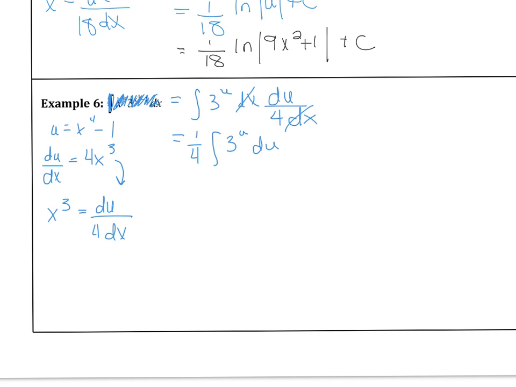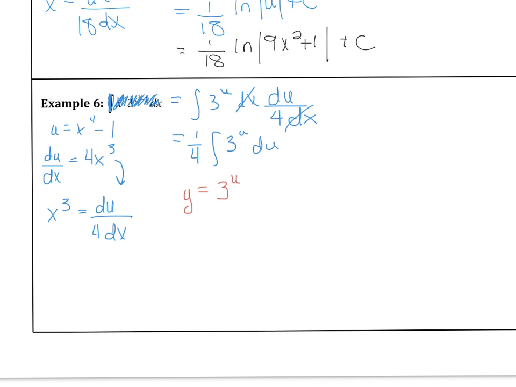Let's just call 3 to the u our function. I'm going to do this in a different color so that you can see. And I don't want to use another u because that's going to get confusing. Let's use y. So let's let y equal 3 to the u.